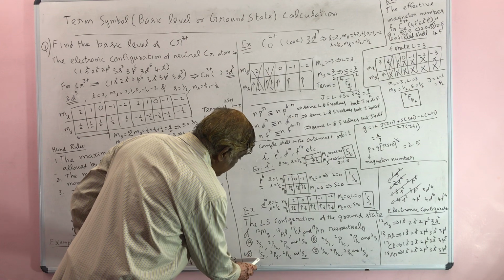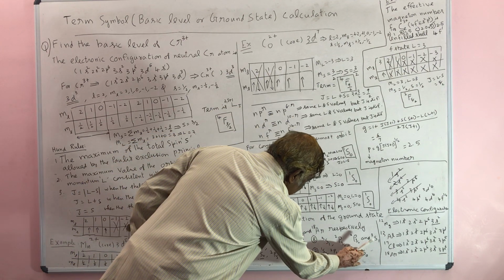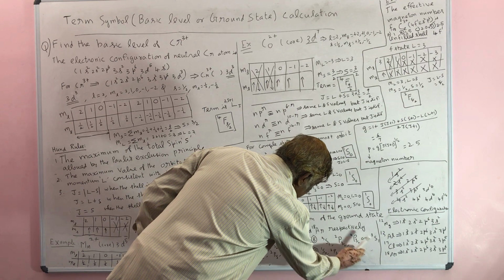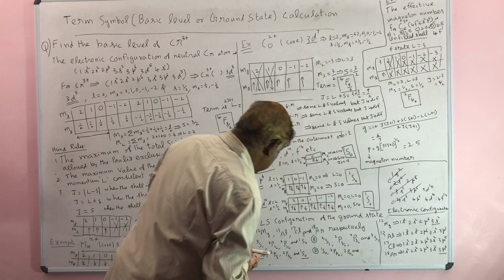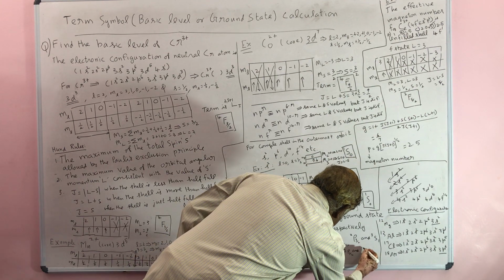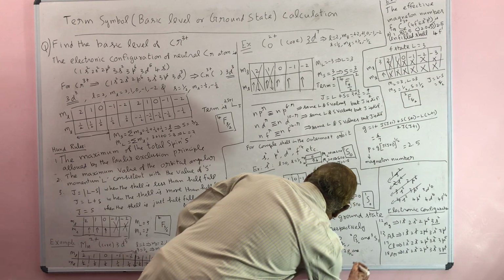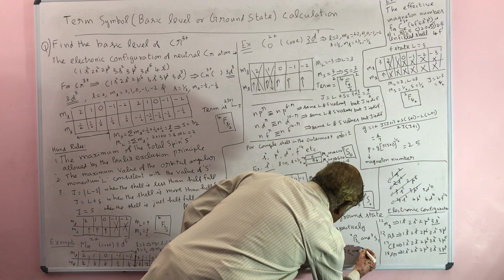Now here 1s0, here is 1s0. Whereas for all these, suppose this is different. Suppose if it is given like this, 3s1.